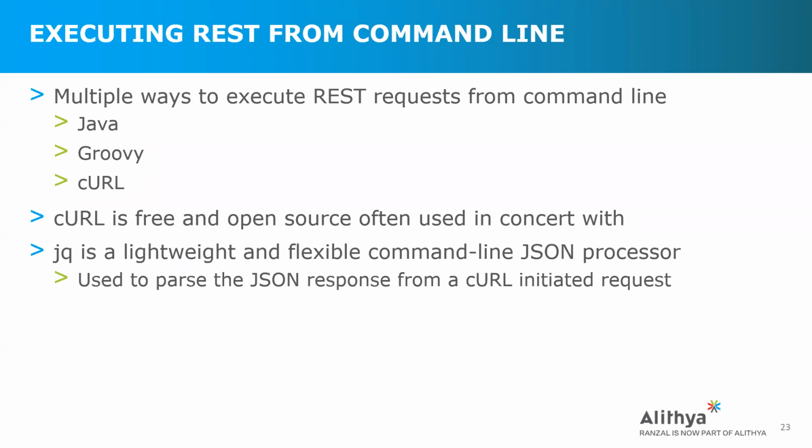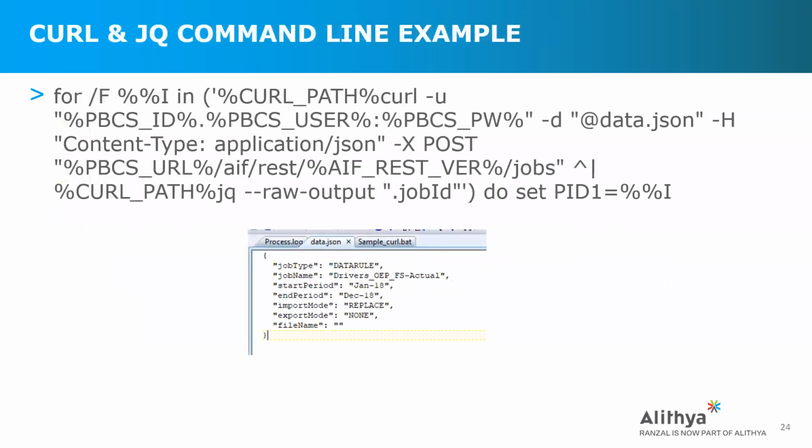JQ is a little more difficult, but it's a way to parse the JSON response so that when I kick something off in the REST API using curl, I can then parse the response using JQ with just a few command line things, as opposed to having to write a bunch of scripting code to accomplish that. So let's take a look at an example here.